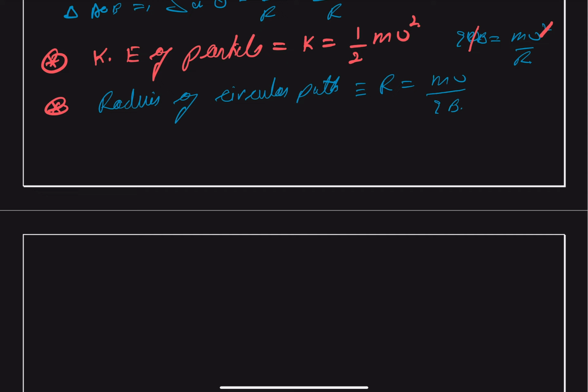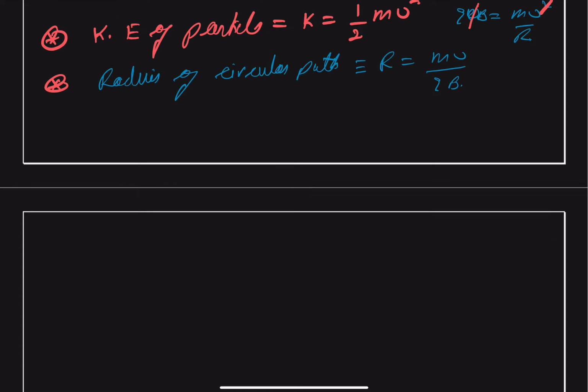So this is our radius, and we can write this in the energy form, and with respect to energy we can say that our radius will be equal to square root of 2mK divided by QB.